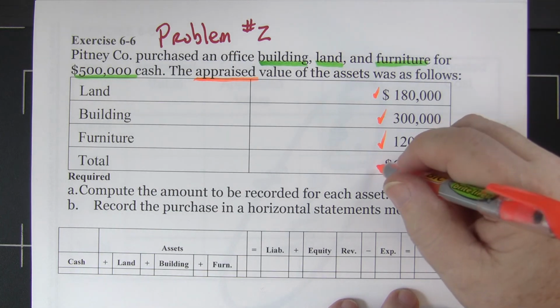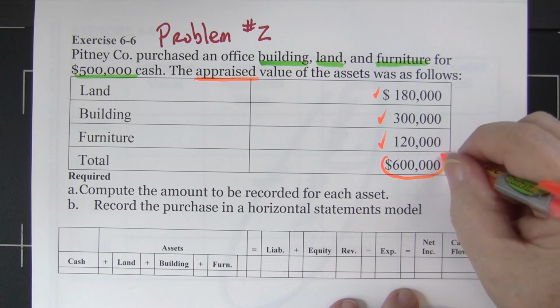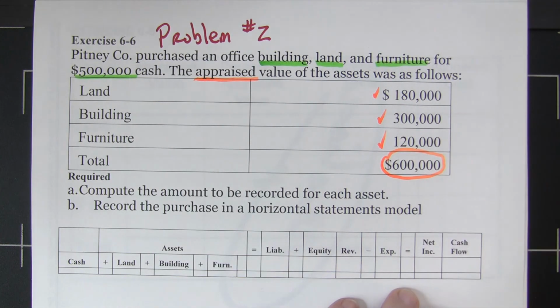So the total was $600,000. So they got a discount. They got a deal. Instead of paying $600,000, they paid $500,000.